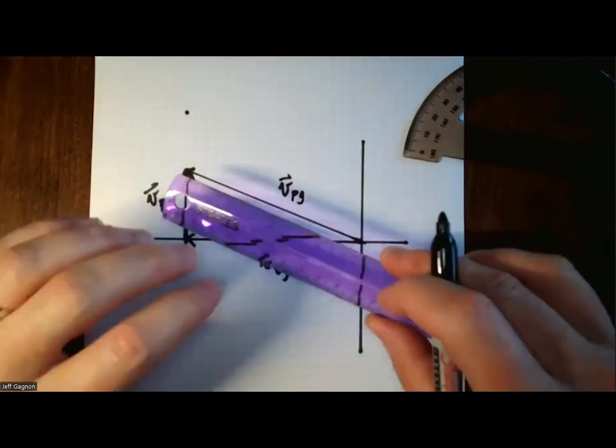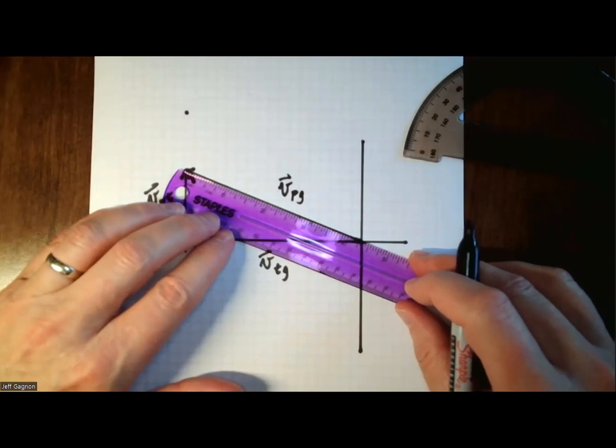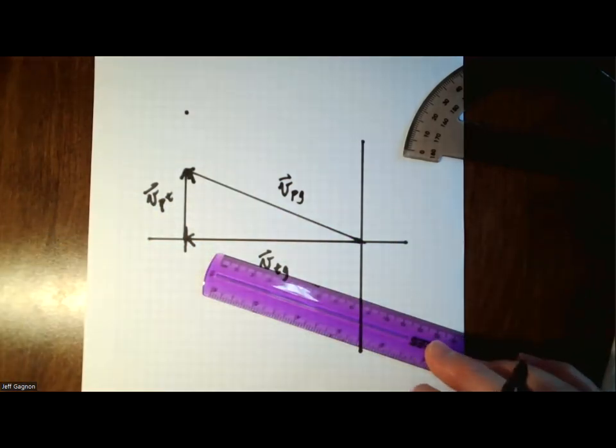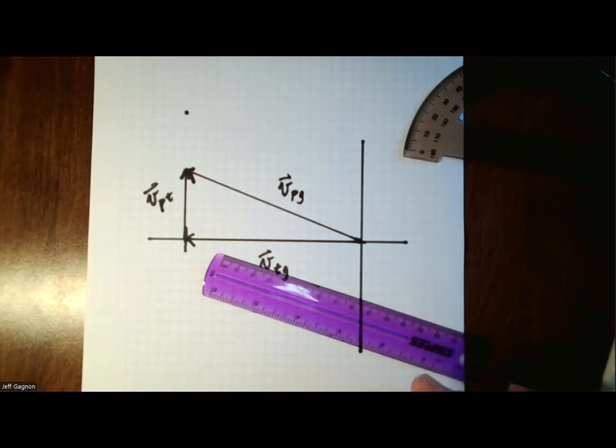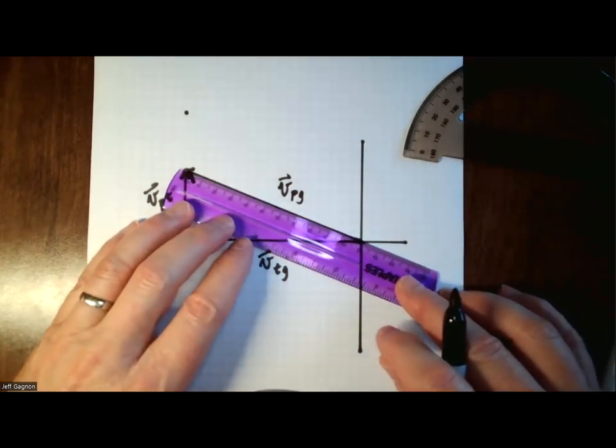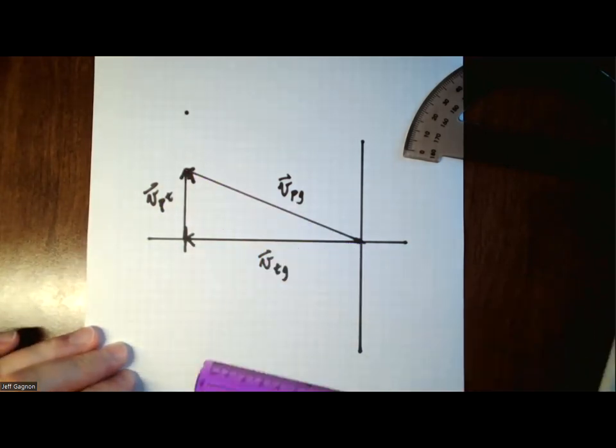Now, how do I find the magnitude? I simply measure this, right? So if you measure this, I want to be in centimeters. It turns out it's going to be around, let's see, maybe 10.8 centimeters.